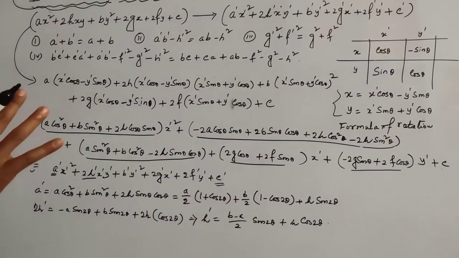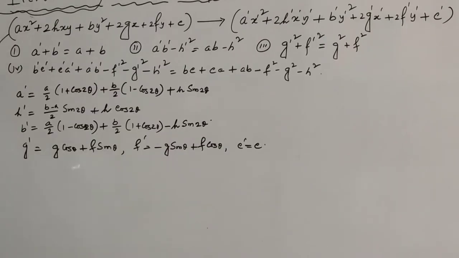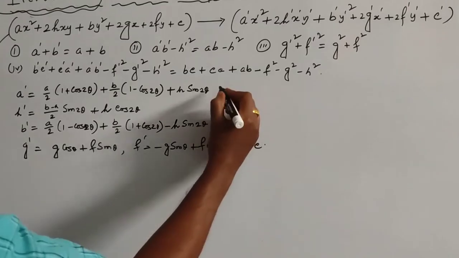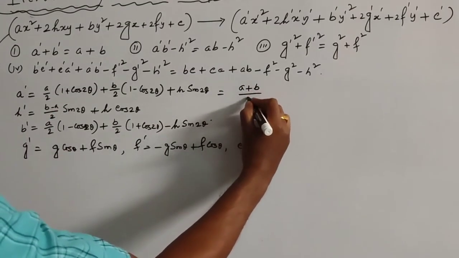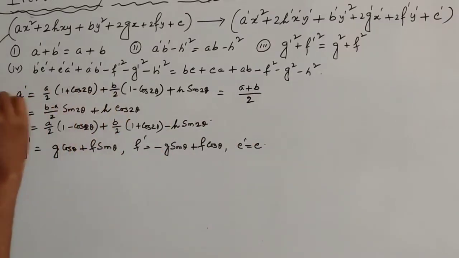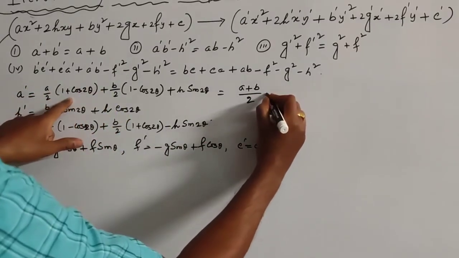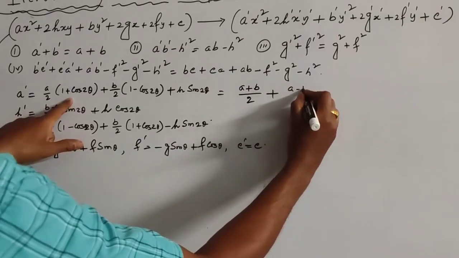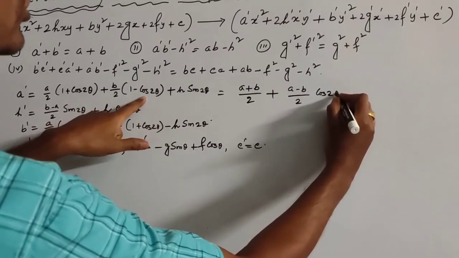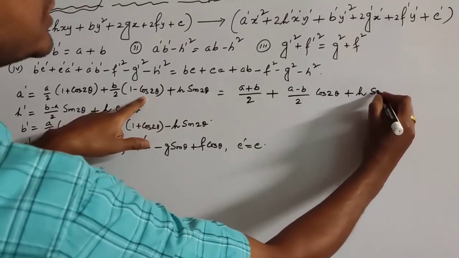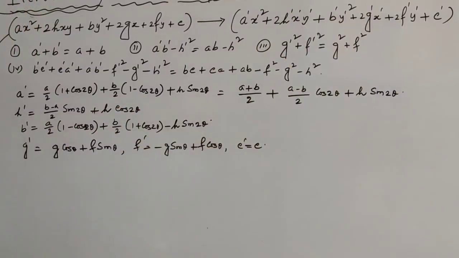Now we write all the terms a dash, b dash, g dash, f dash, h dash, c dash. And also a dash can be written in this type: a plus b by 2 plus a minus b by 2 into cos 2 theta plus h sin 2 theta.